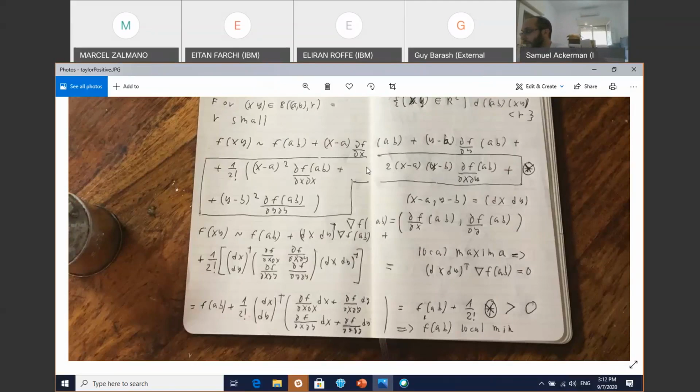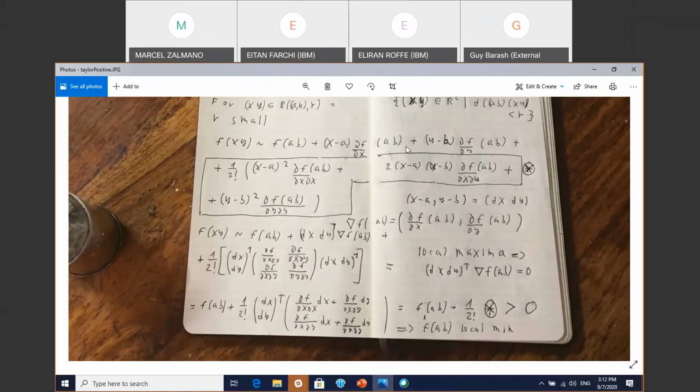So basically, first thing I want you to notice is that the linear part is a scalar multiplication of two vectors.